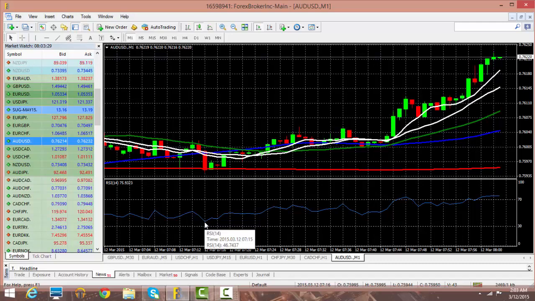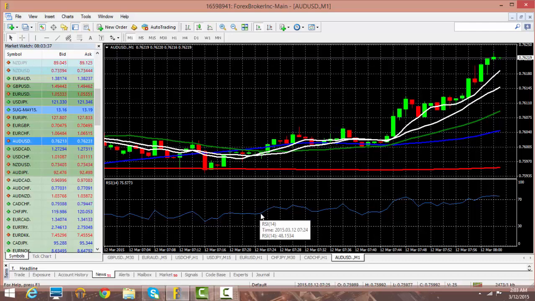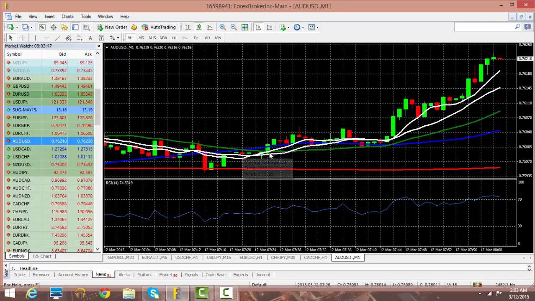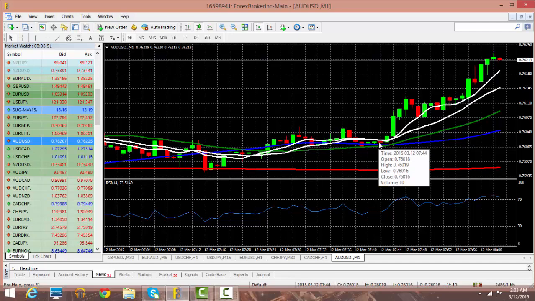It was very low on the RSI. And then from there, when it bounced on the RSI, it was higher, which proved even more confirmation that it was an uptrend. It consolidated for about 15, 20 minutes right here. But as you can see, even when it consolidated, it was still moving in an uptrend.